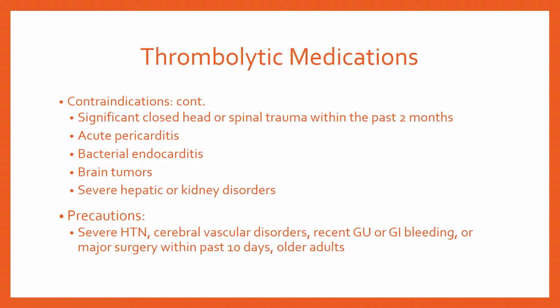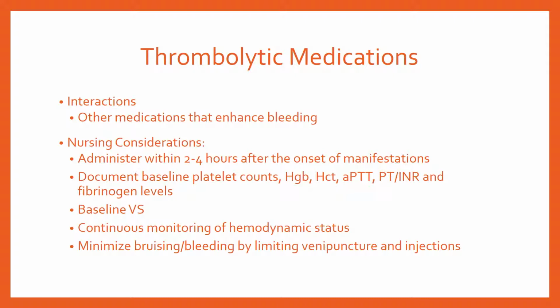Also significant closed head or spinal trauma within the past 2 months, acute pericarditis, bacterial endocarditis, brain tumors, severe hepatic or kidney disorders. Precautions: severe hypertension, cerebral vascular disorders, recent GU or GI disorders, or major surgery within the past 10 days, or older adults. Interactions: other medications that are going to enhance bleeding.